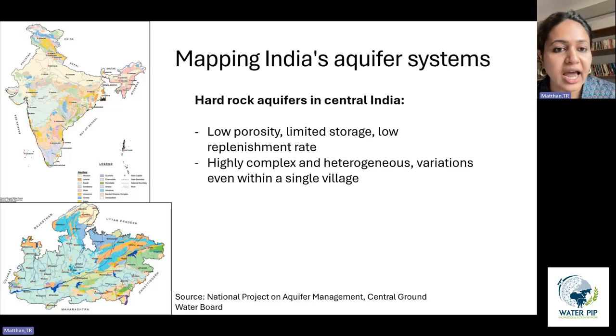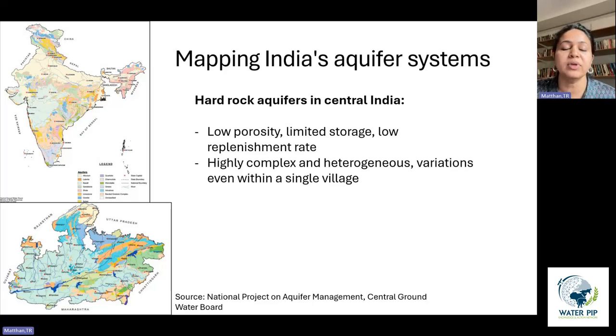And these hard rock aquifers are especially unique because they have particular kinds of characteristics which shape how groundwater can be accessed here. So they form poor to moderate aquifers, and they have low porosity, limited storage, and low replenishment rates. And most importantly, they're highly complex and heterogeneous, right?